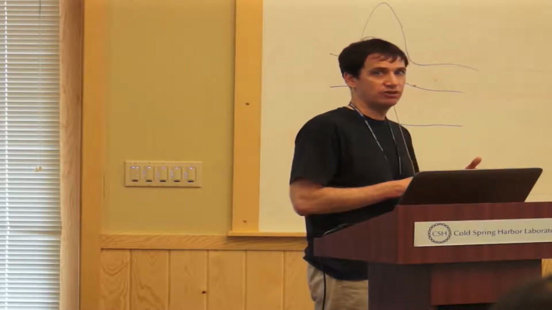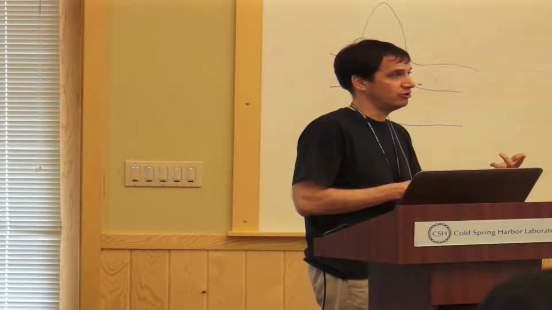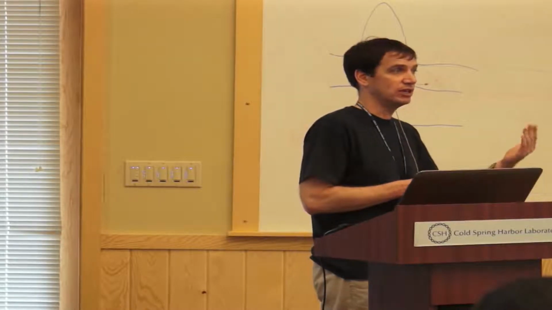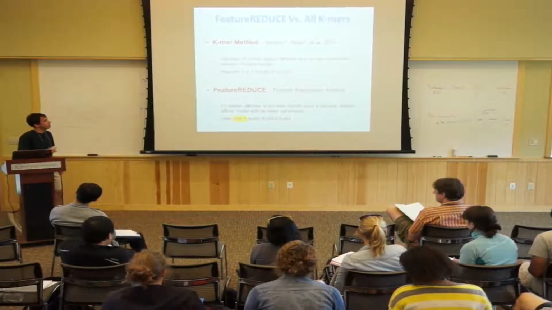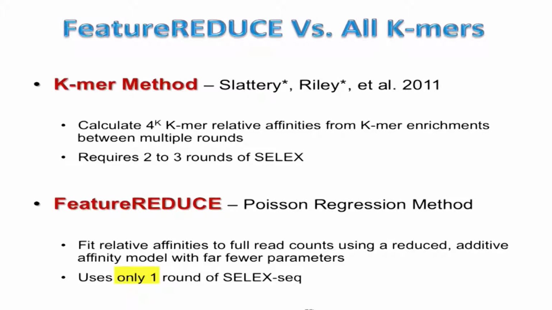Standard error scales as the square root of n, and n is your number of counts, and we have a lot fewer counts in round one than we get in later rounds. The question is, using this method, how well do these relative affinity estimates match the Kamer method? That's the next slide.